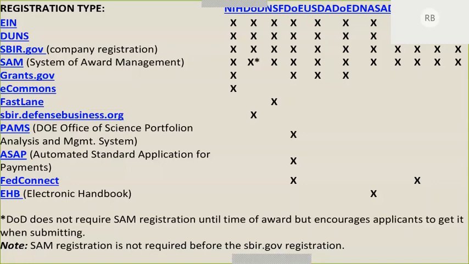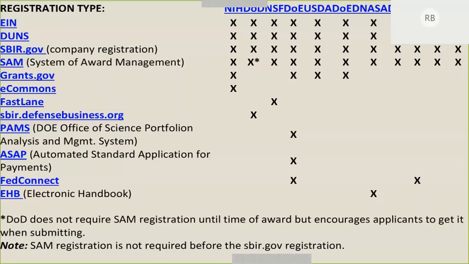These are the agencies, these are the registrations that you have there. DOD does not require SAM registration until the time of award, but encourages applicants to get it in when submitting. So if you see what they're saying there, don't wait until whether you get an award or not, because you may not get SAM's approval when you do it, even though you got an award.